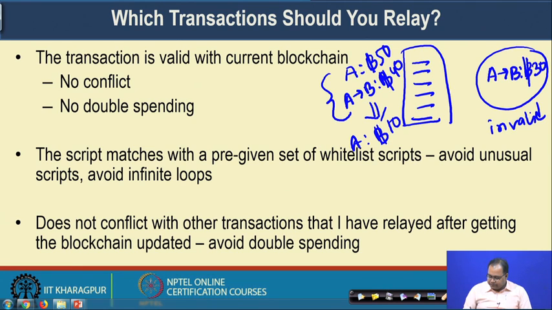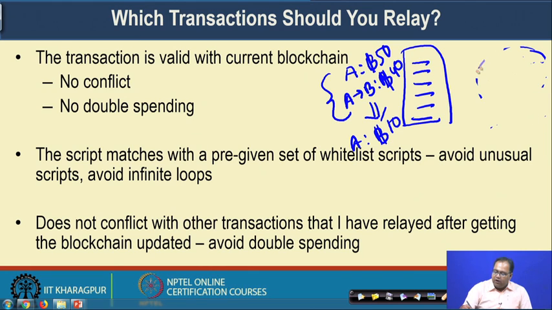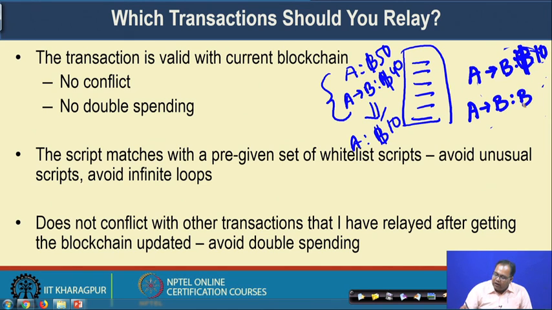Now say Alice is making one transaction of 10 Bitcoin to Bob, and Alice is making another transaction of say 10 Bitcoin, not to Bob, but to Charlie.